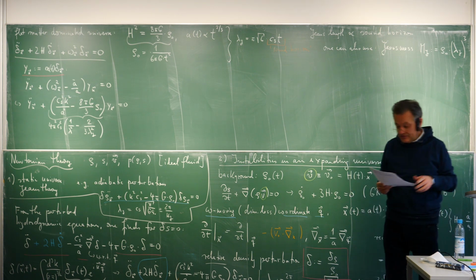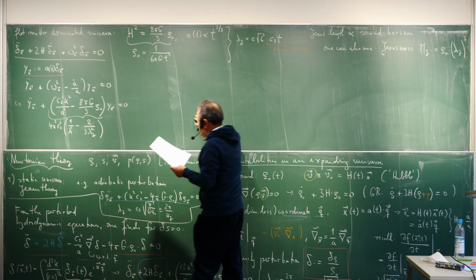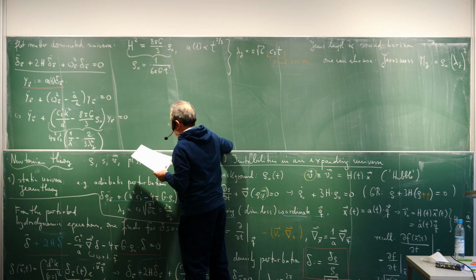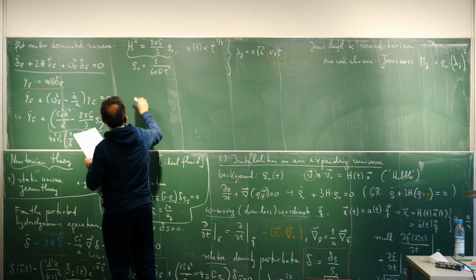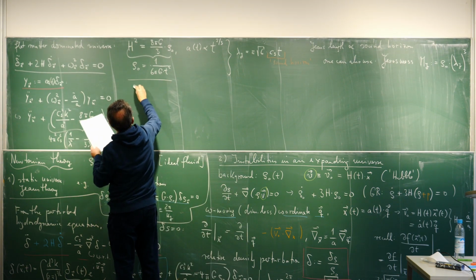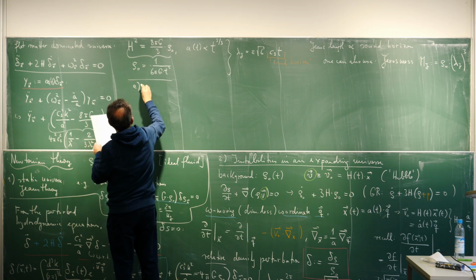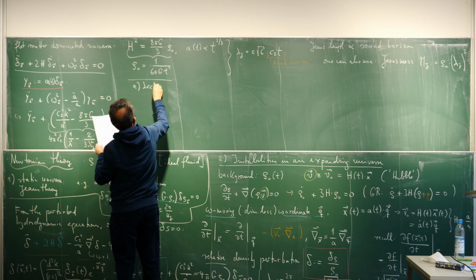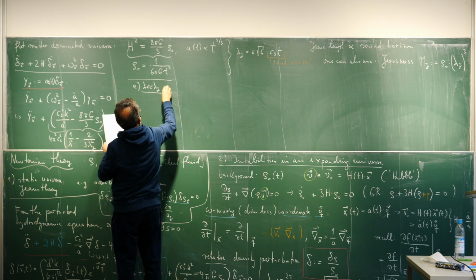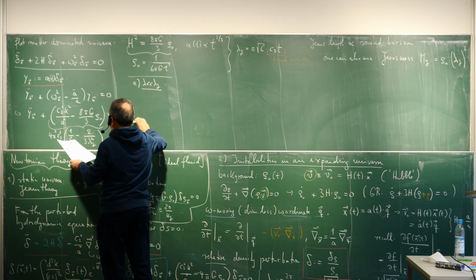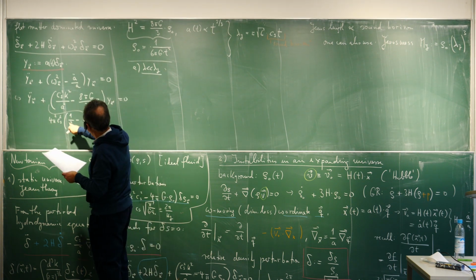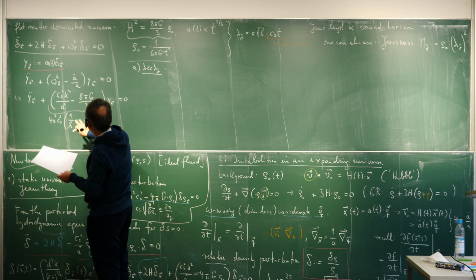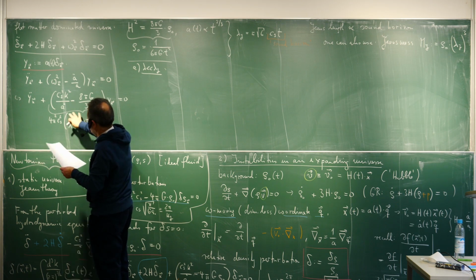So let us do this. We have the first situation, that lambda is much smaller than lambda_J. It's clear that then, if lambda is small, 1 over lambda squared is much larger, so we only need this term here.